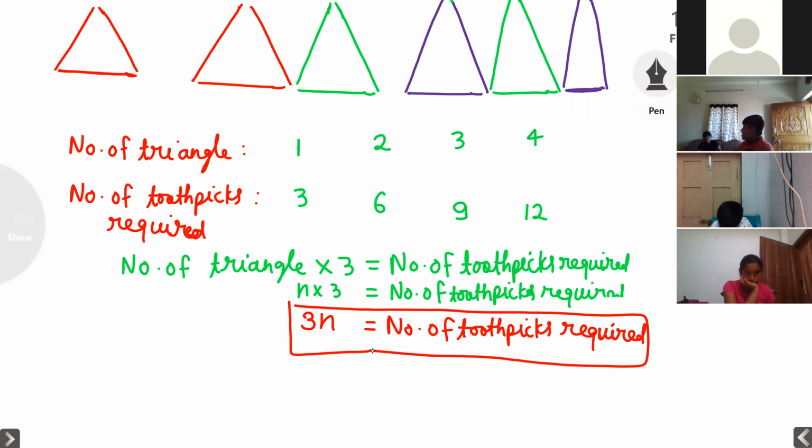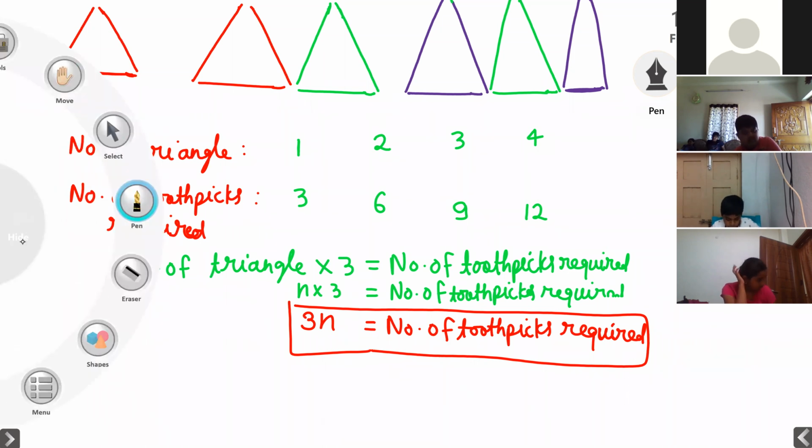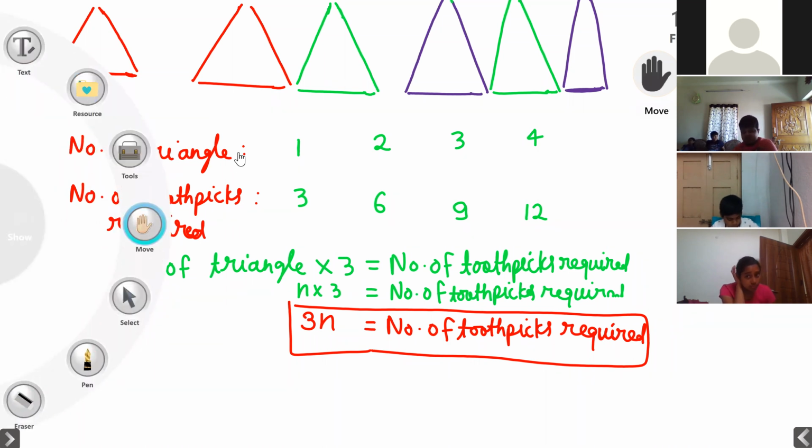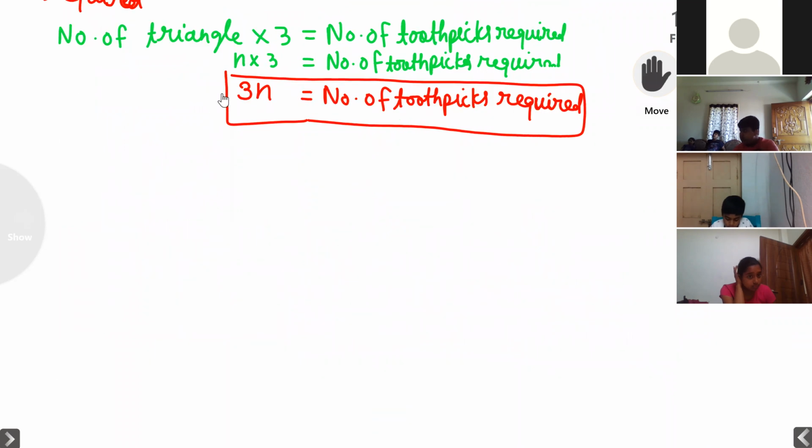Then 3 times 2 is 6. 6 toothpicks are required. Next, if I want to draw 3 triangles, in place of n, I substitute 3. 3 into 3, 9 toothpicks are required. This is the magic of algebra. I hope you are getting my point. Again I'm saying, concentrate.